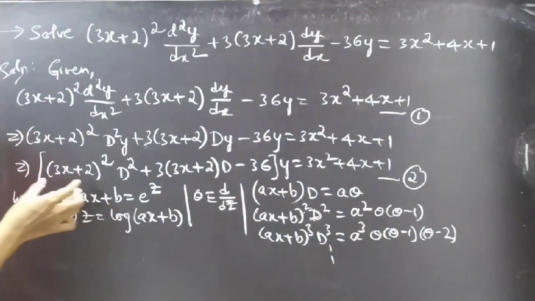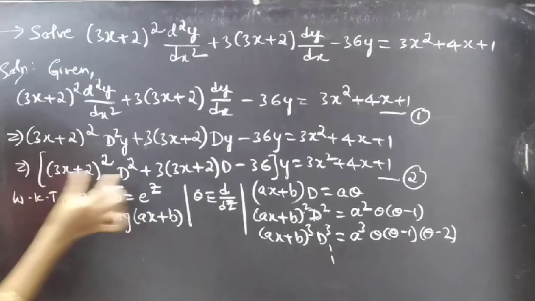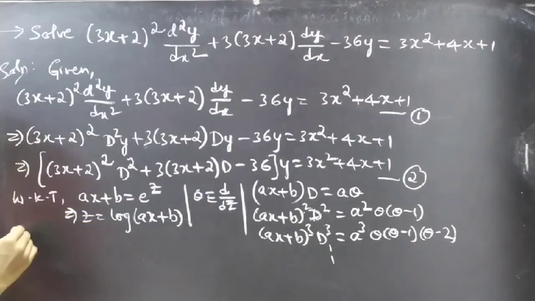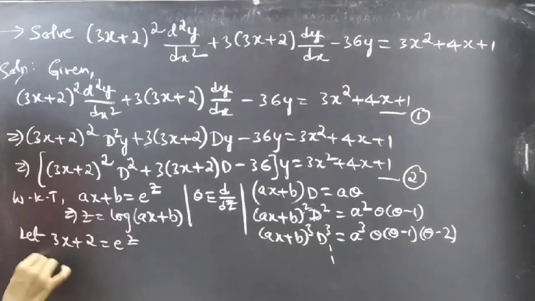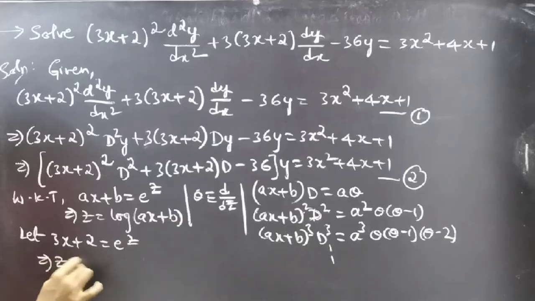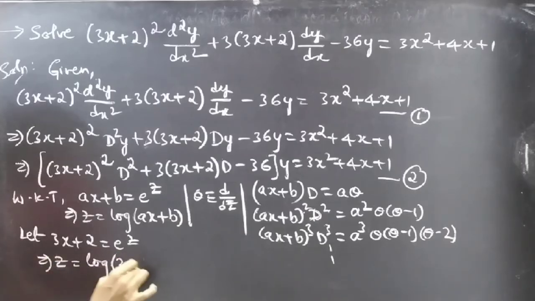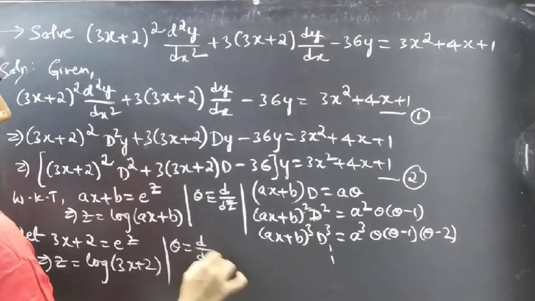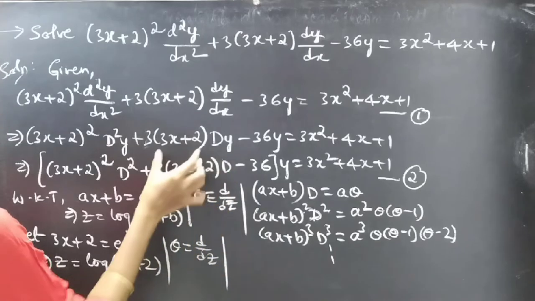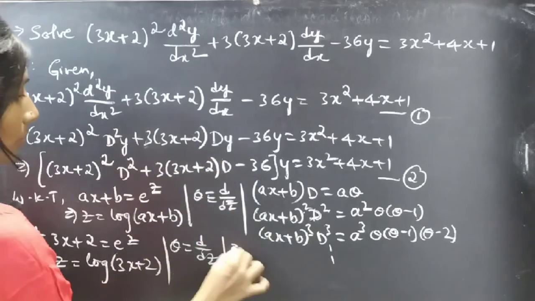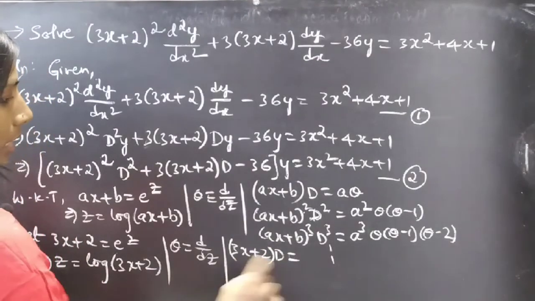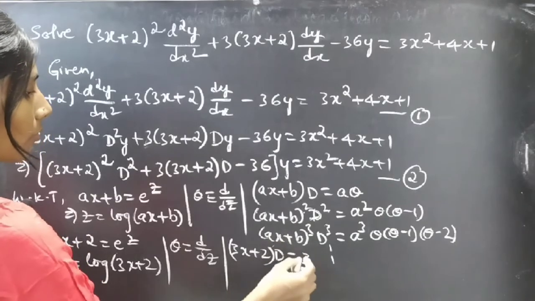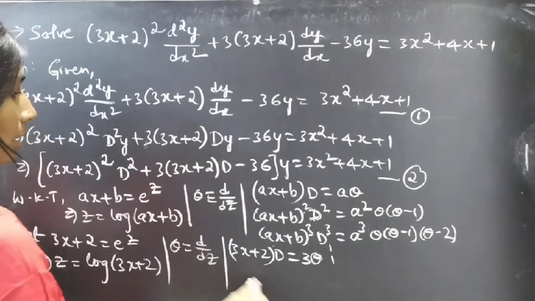Well, coming to our problem, let 3x+2 equal to e^z. Then z equal to log of (3x+2), and theta is nothing but d/dz, and here (3x+2) D can be replaced by the coefficient of x, which is 3, into, since we are having power 1, we'll get only theta here.